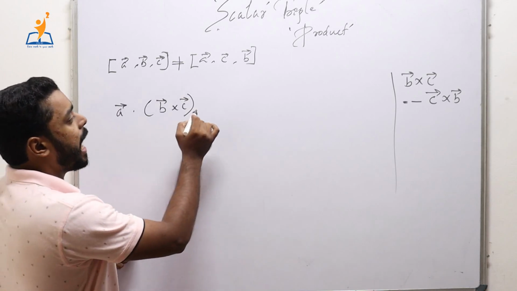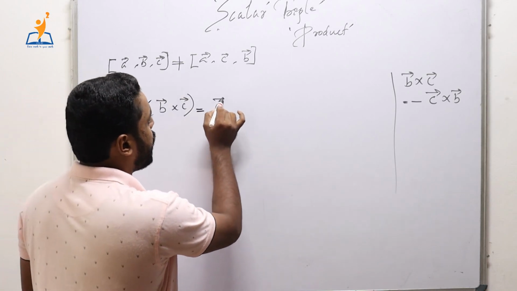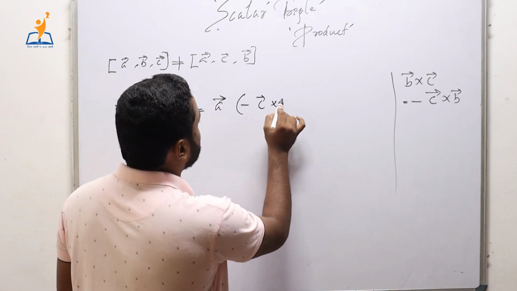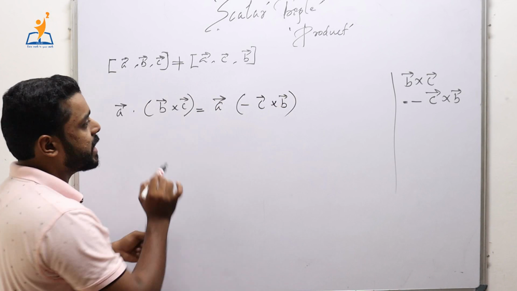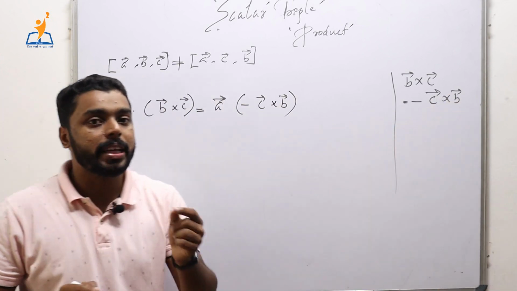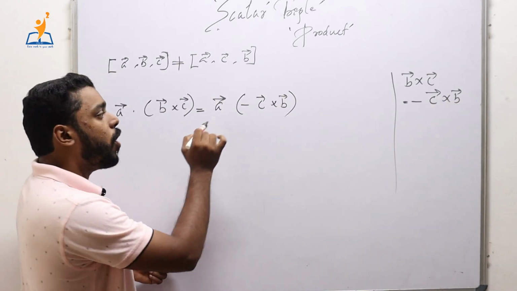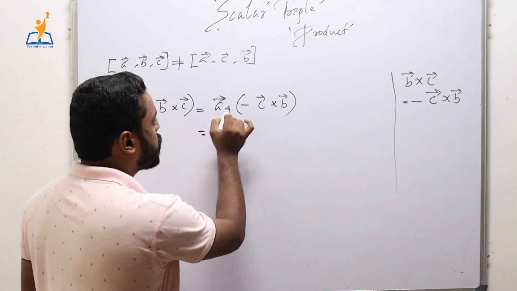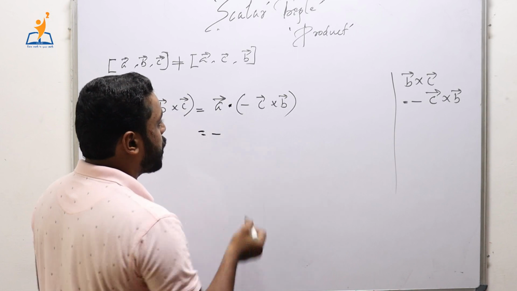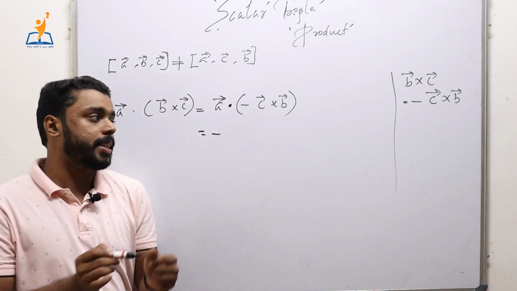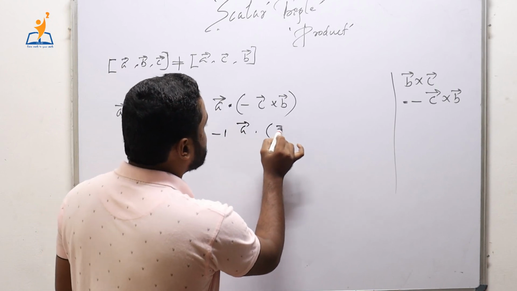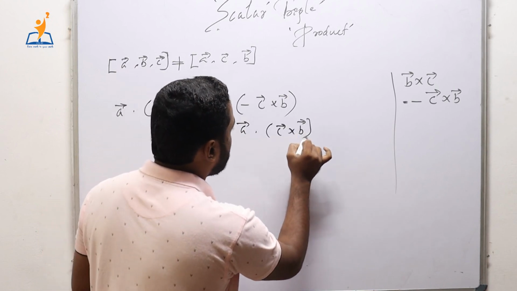So applying that here, it will be equal to A dot minus C cross B, right? B cross C is nothing but minus C cross B by the properties of the vector product. Now minus 1 is a scalar, so we can take it outside of the dot product. It is also a property of the dot product, right? So it will become minus 1 into A dot C cross B, right?